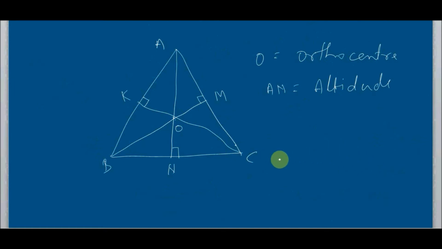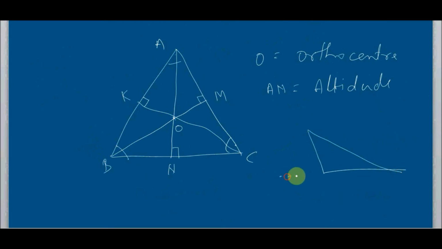One thing I want to say is that the orthocenter of a triangle will lie inside the triangle if and only if all three angles are acute. That means the orthocenter may also lie outside the triangle, like in this case. Suppose this is a triangle.